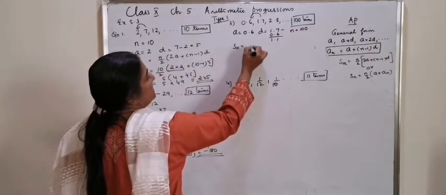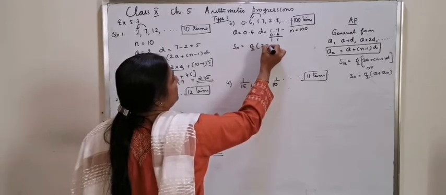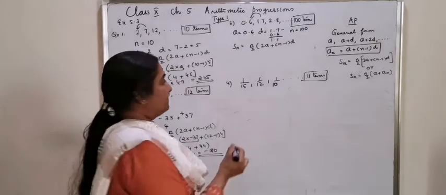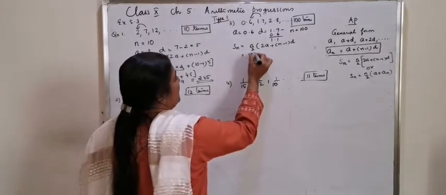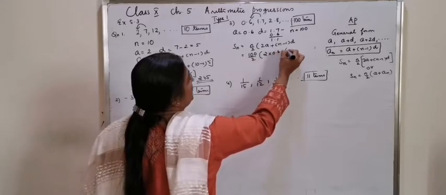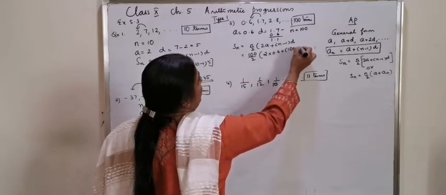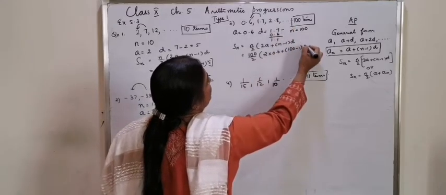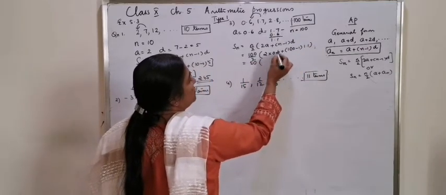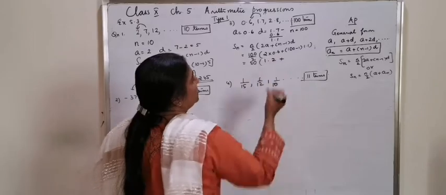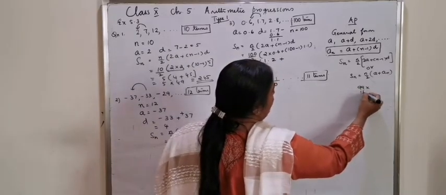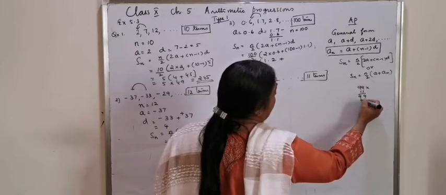Formula is Sn is equal to n by 2, 2a plus n minus 1 into d, which is the same as 100 by 2, 2 into 0.6 plus 100 minus 1 into the difference, which is 1.1. 50 into 1.2 plus 99 into 1.1. 1 9 is 9, 9, 9, 9.